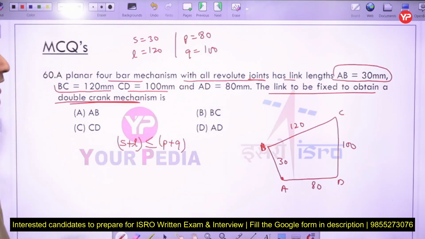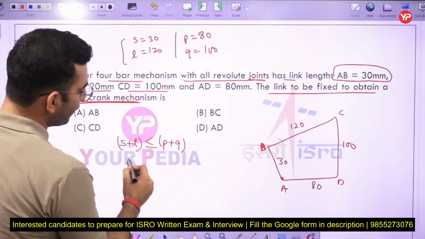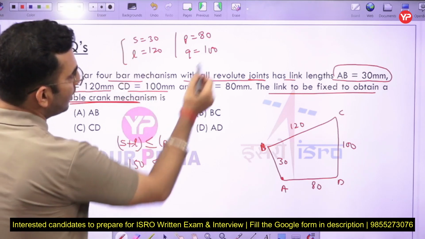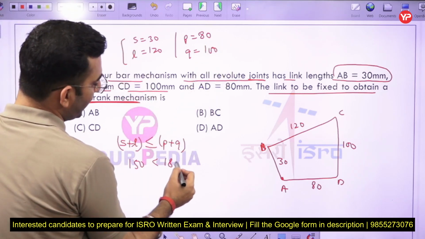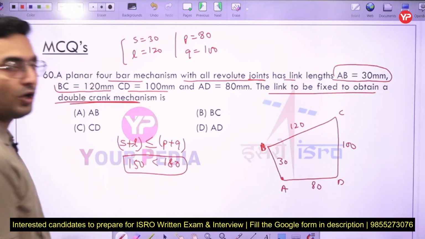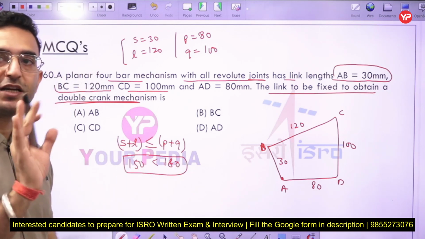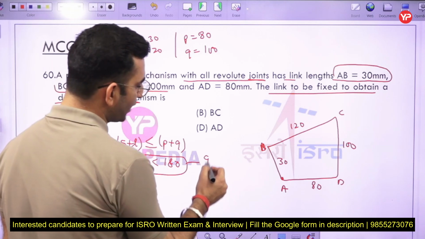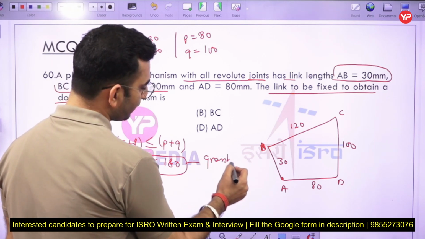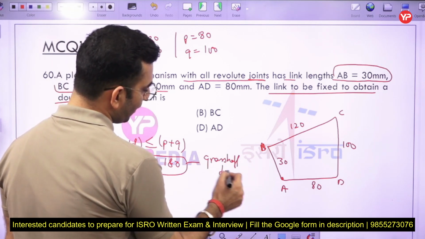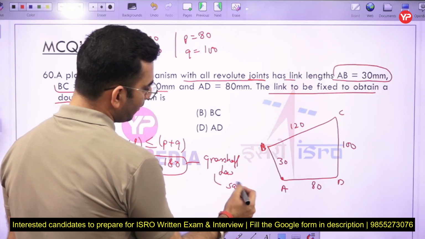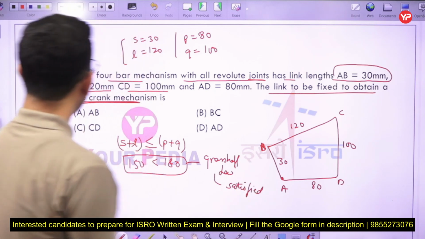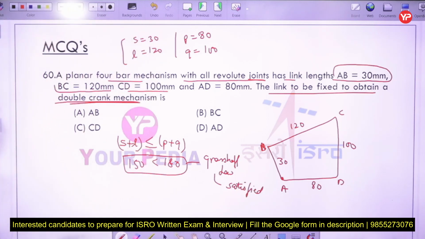You can directly see S plus L is 150 and P plus Q is equal to 180. So I can say the Grashof law has been satisfied in this case.